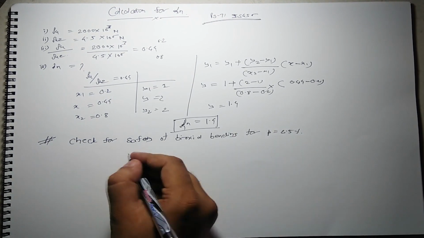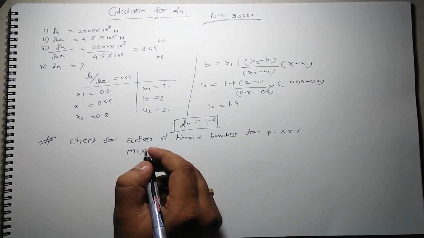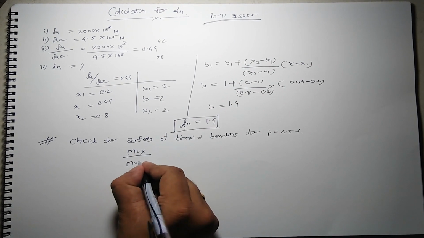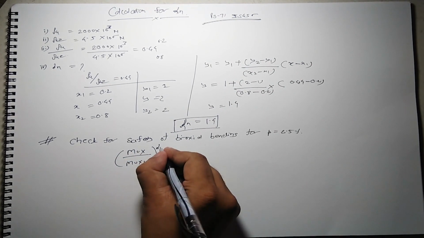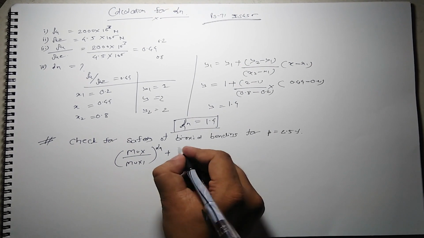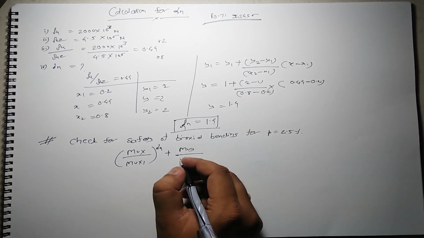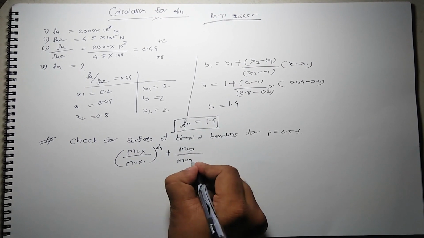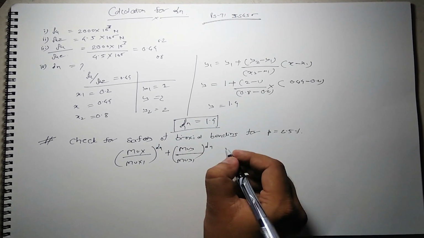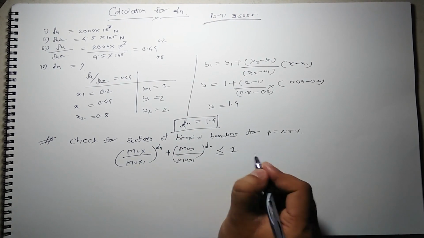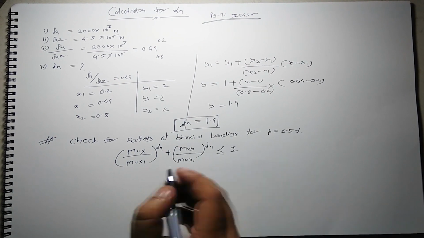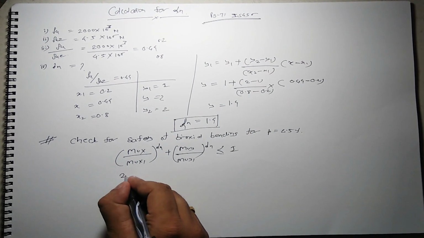So this will be Mux upon Mux1 in bracket to the power alpha n, plus Muy upon Muy1 to the power alpha n. Now this value should be less than or equal to 1. So now we'll check it out.